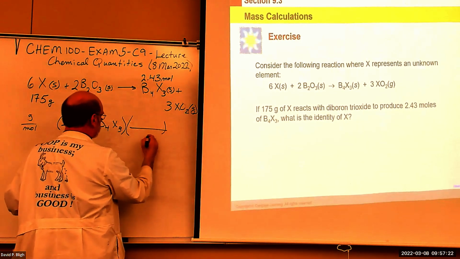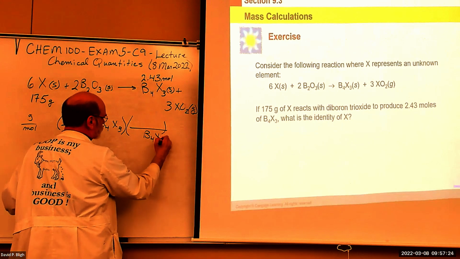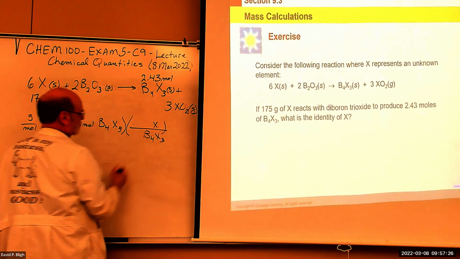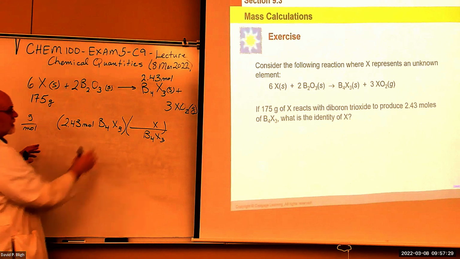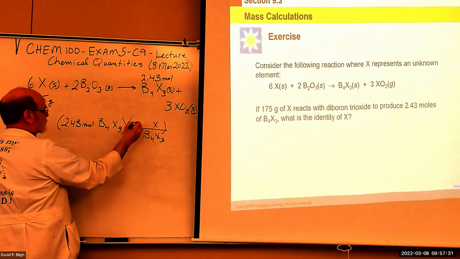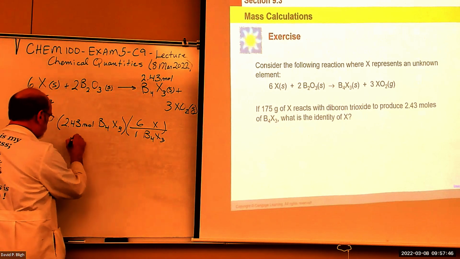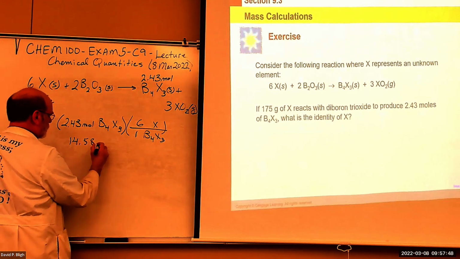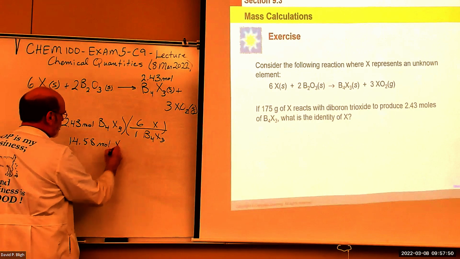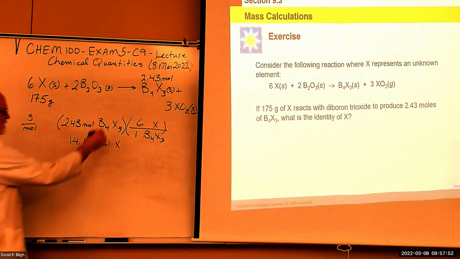And we want to convert it, B4X3, to X. The ratio is 1 to 6. Okay? So if we just say 6 times that number, 2.43, 14.58. 14.58 moles of X. That cancels.